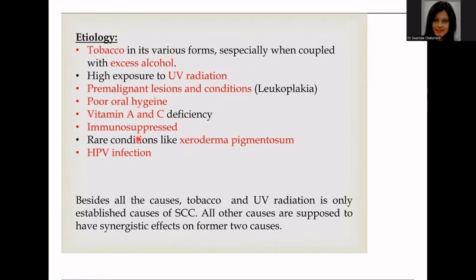Along with that, there is also a strong association with HPV infection. Besides all the causes, tobacco and UV radiation are the only established causes of SCC. All other causes are supposed to have a synergistic effect on the former two.